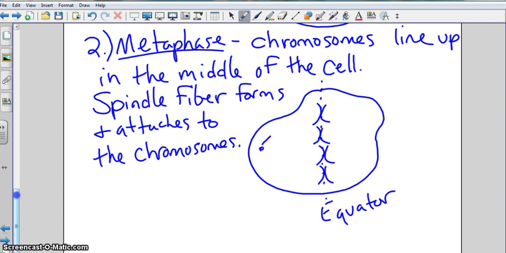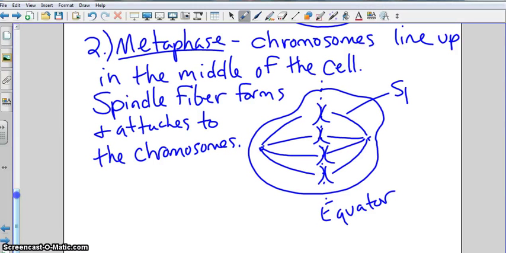The spindle fibers are made of proteins, and they're these little arms that come out and grab onto the chromosomes, because we're eventually going to do what with those chromosomes? Separate them. We're going to pull them to either side. So these are our spindle fibers.